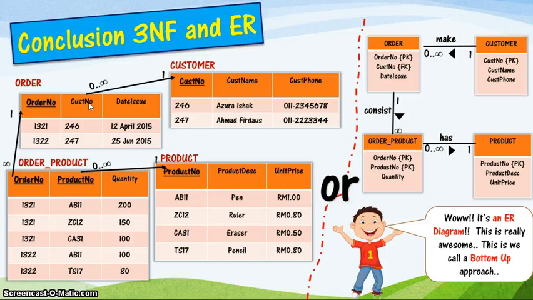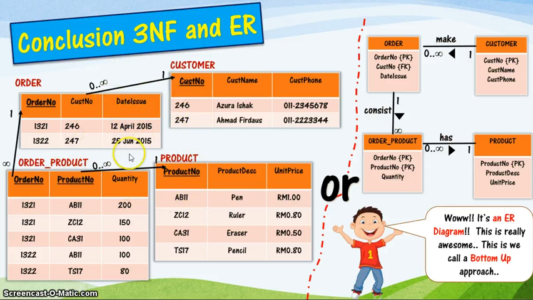The foreign key in the order table relates to the customer table as a primary key in customer. Order product relates with order number, linking with order number on the order table. Product number on the order product table links with the product number key on the product table. This is how it links together.